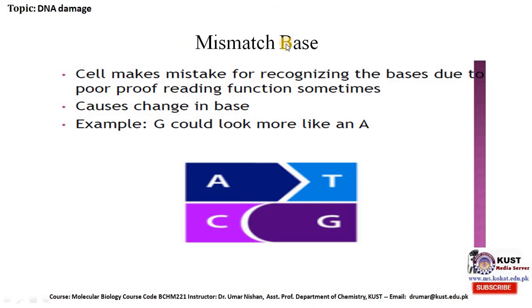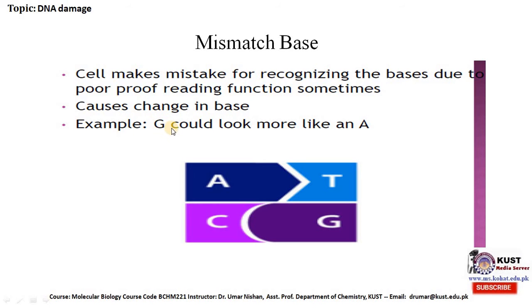Mismatched bases can also function in DNA damage. The cell makes mistakes in recognizing the bases due to poor proofreading function, which sometimes causes a change in base.